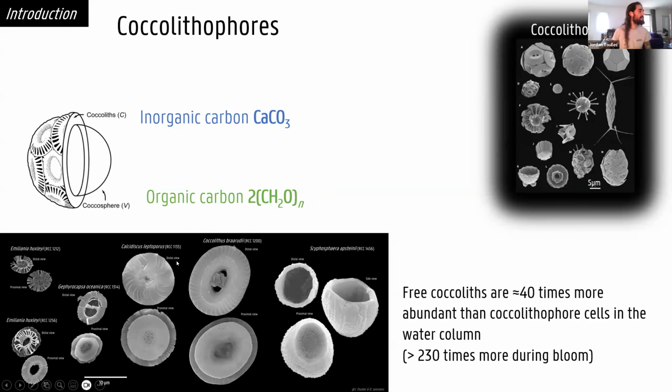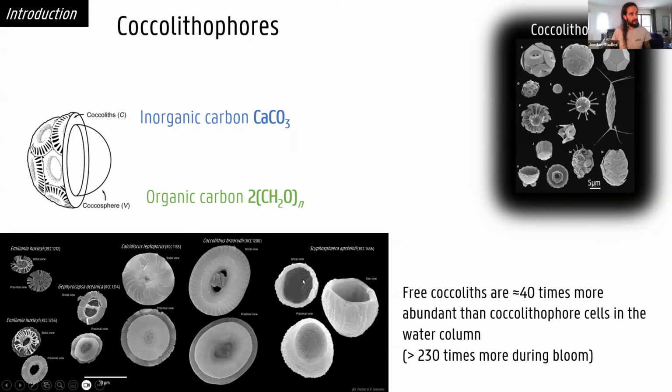You can see some examples in this picture. These are different coccoliths from different coccolithophore species that I have in culture in my lab. As you can see, you have different sizes, different shapes, and also some specific shapes.